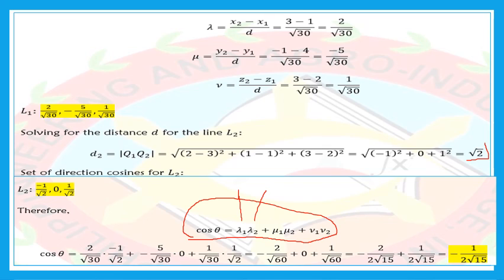So lambda sub 1 is 2 over the square root of 30, from here, and lambda sub 2 is from line 2. Remember that: if the subscript is 1, use line 1, and if the subscript is 2, use the result for line 2. Therefore, the cosine theta is negative 1 over 2 square root of 50.